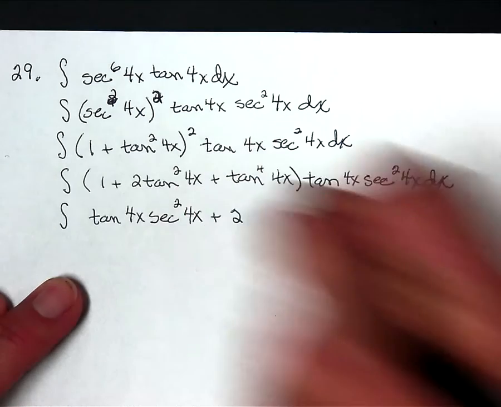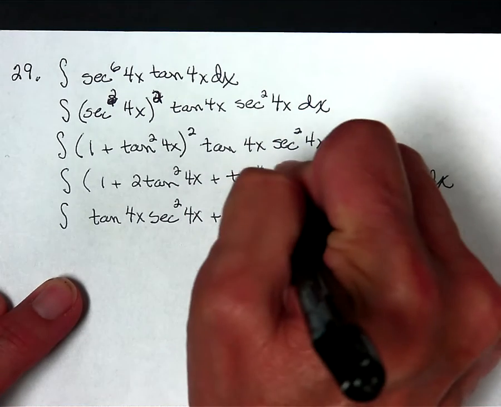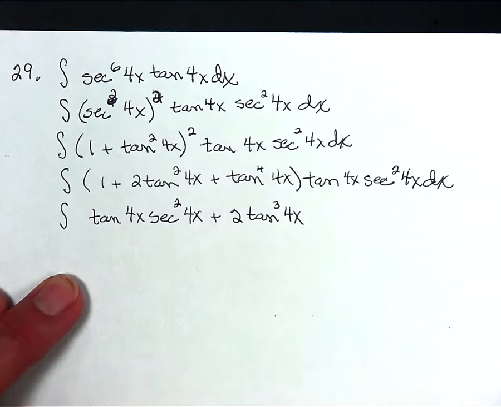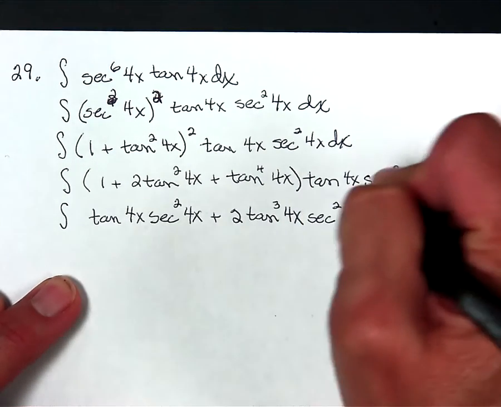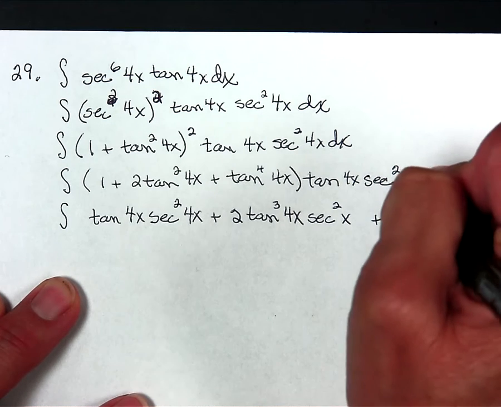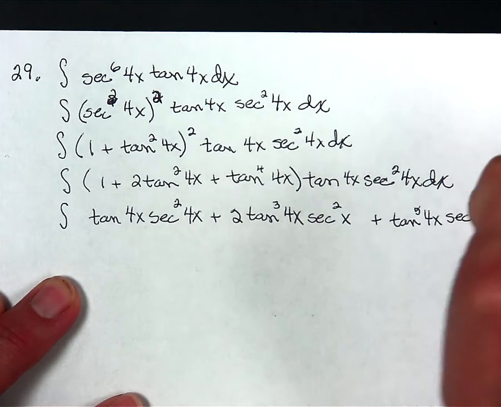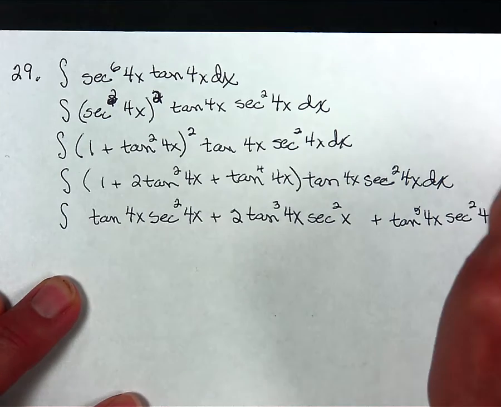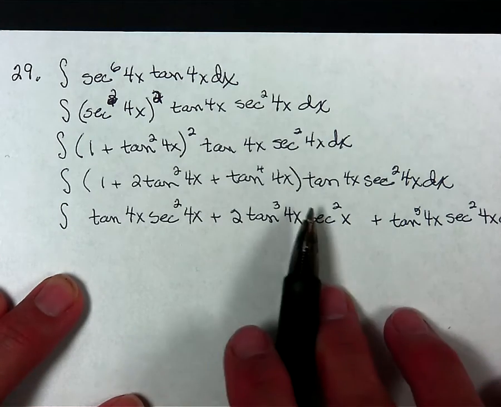Plus 2 tangents cubed secant squared x. Tangent to the fifth 4x secant squared 4x dx. Okay.